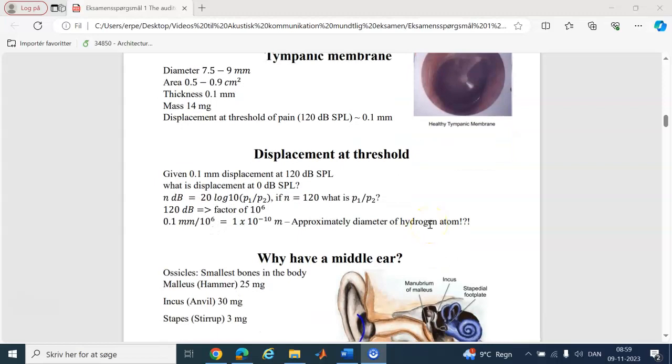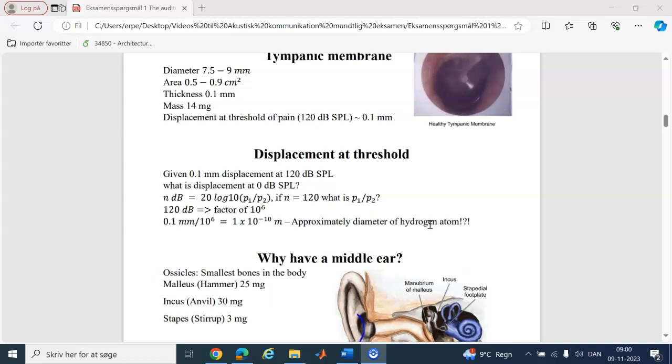So what is the displacement at 0 dB SPL when the displacement is 0.1 millimeter at this pain threshold?